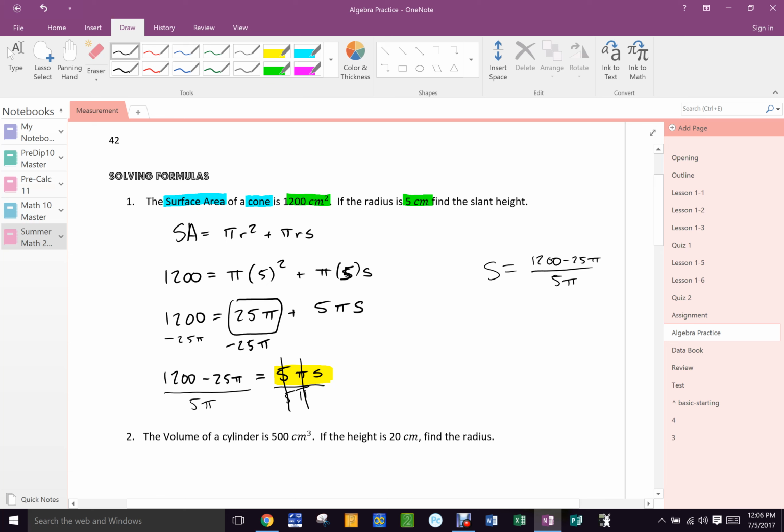Is that a correct answer? Yeah, it is. I've done all the work, haven't I? The letter's by itself. This is all algebra. We did it right. But we can go one step further if we evaluate this, correct?